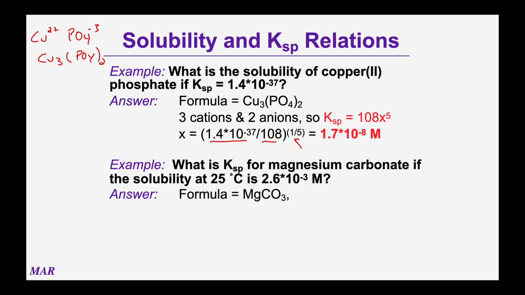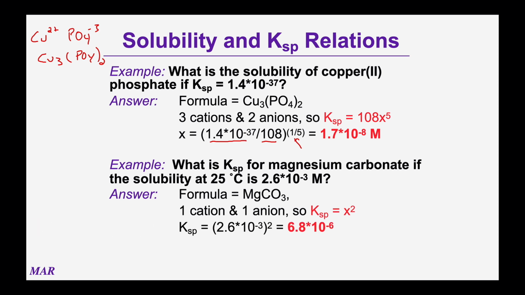So this solubility is going to be related to KSP by KSP equals x squared, because we only have 1 cation and 1 anion. So solubility squared in this case is going to give you KSP. If you take that 2.6 times 10 to the minus 3 and square it, that's going to give you a KSP of 6.8 times 10 to the minus 6.